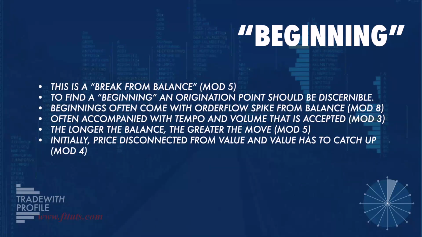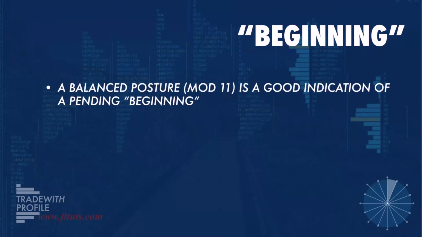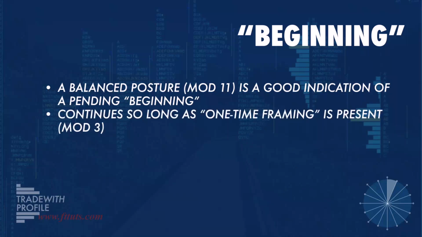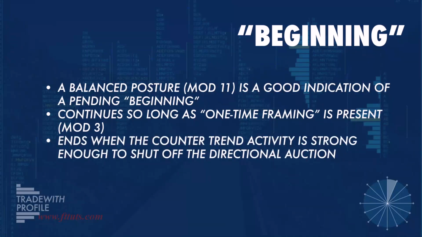We talk throughout the pathway about the relationship of price to value, specifically even within the anchor trades. But first price moves first, and then the value has to catch up. A balanced posture is a good indication of a pending beginning, and it continues so long as one time framing is present, and it ends when the counter trend activity is strong enough to shut off the directional auction.